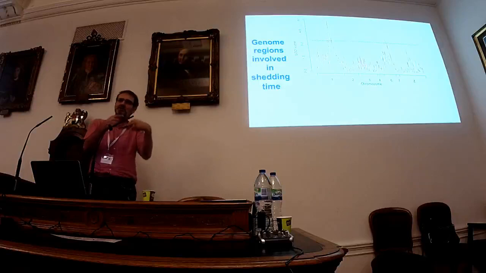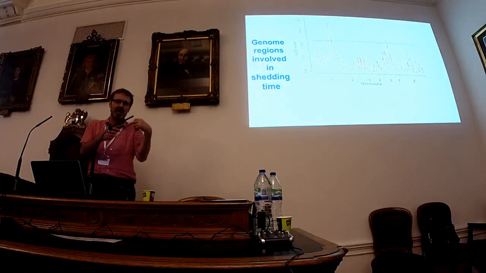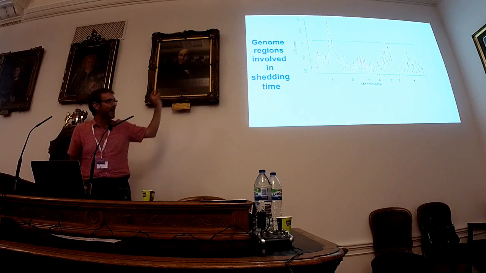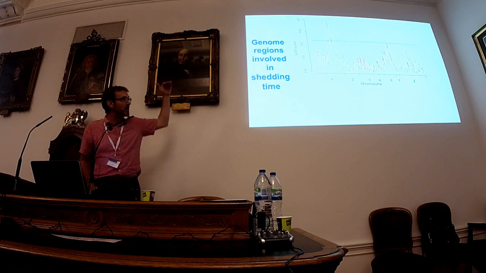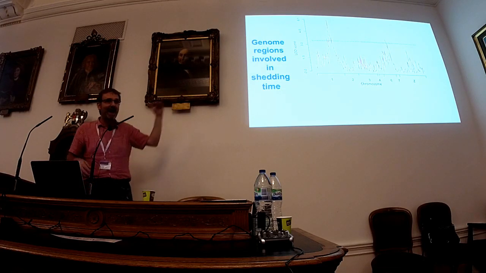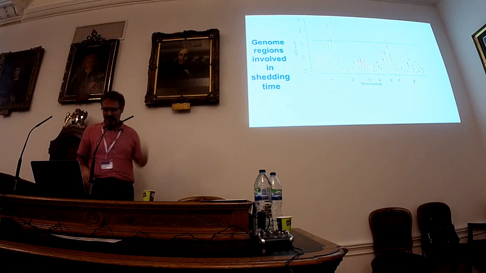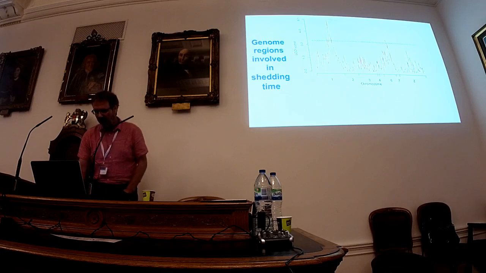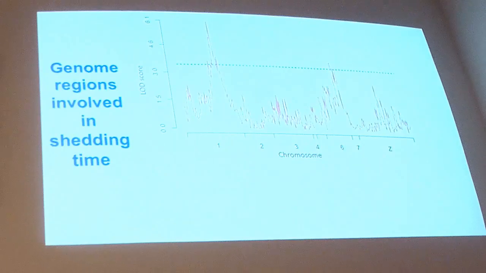I should mention, the dotted blue line is a permutation threshold. We randomize our phenotypes against our genotypes and rerun this analysis 1,000 times, and that tells us where we will get peaks at random. And the peaks we actually observe are much, much higher. We see strong evidence for involvement of chromosome 1.